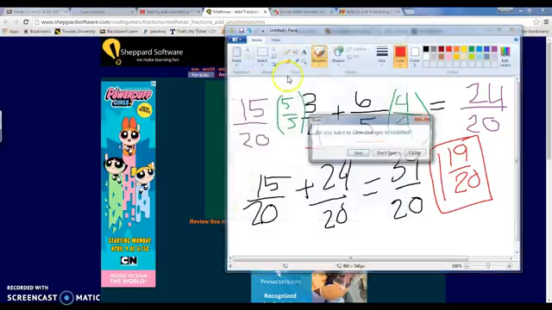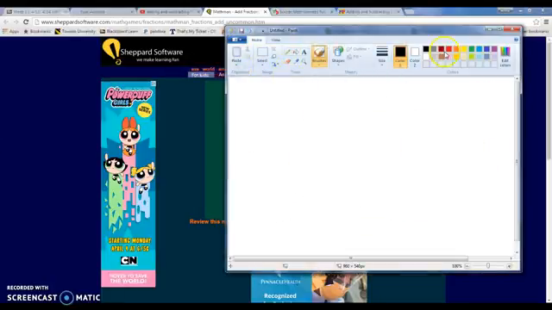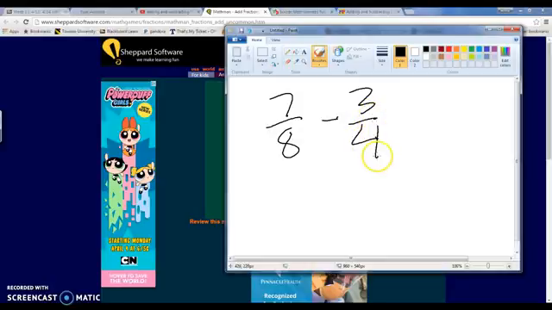If we wanted to do one where it was subtracting, let's say we had 7/8, we are subtracting 3/4. Now on this one I kind of made it easy. We're finding a least common denominator, or the least common multiple between 4 and 8, which is obviously 8.